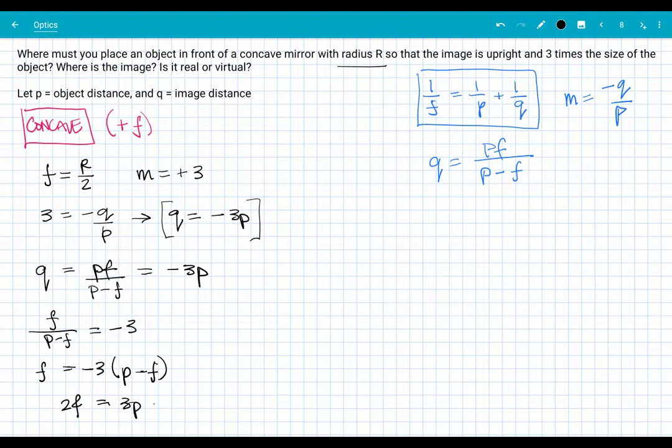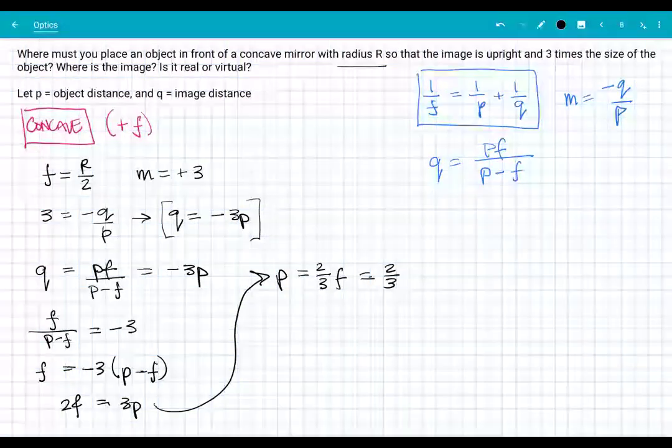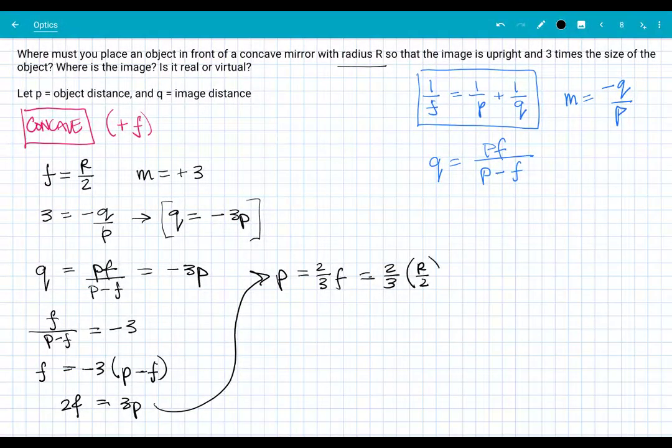This is useful. This tells me that p is equal to 2/3 f. And I know that f is equal to r over 2, so p is equal to r over 3. So this is my object distance, which is one of the things that's asked for here.